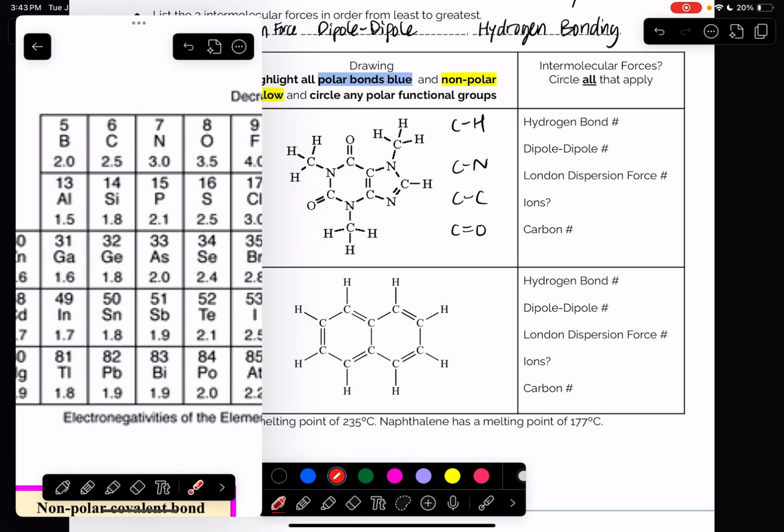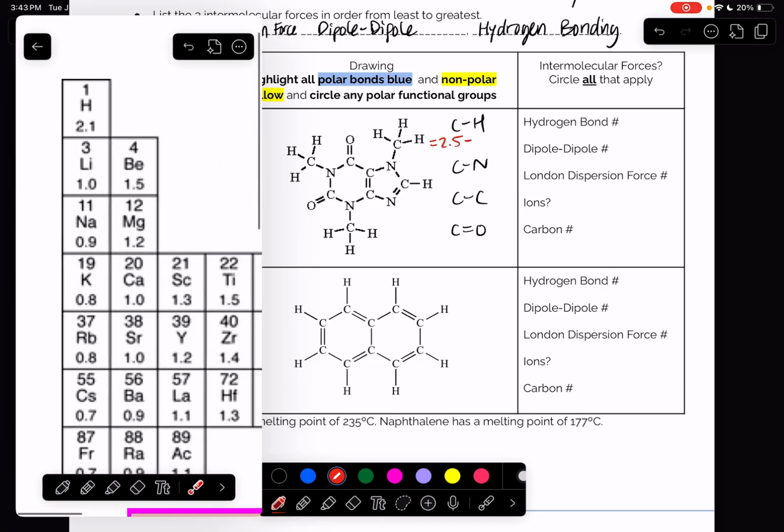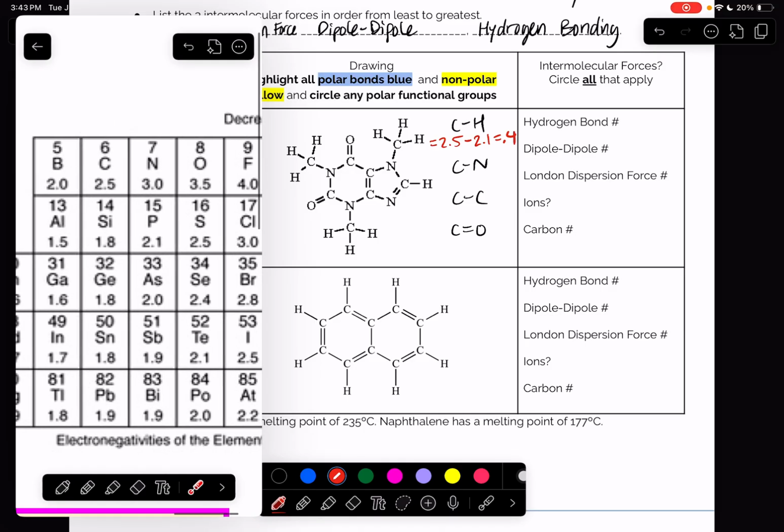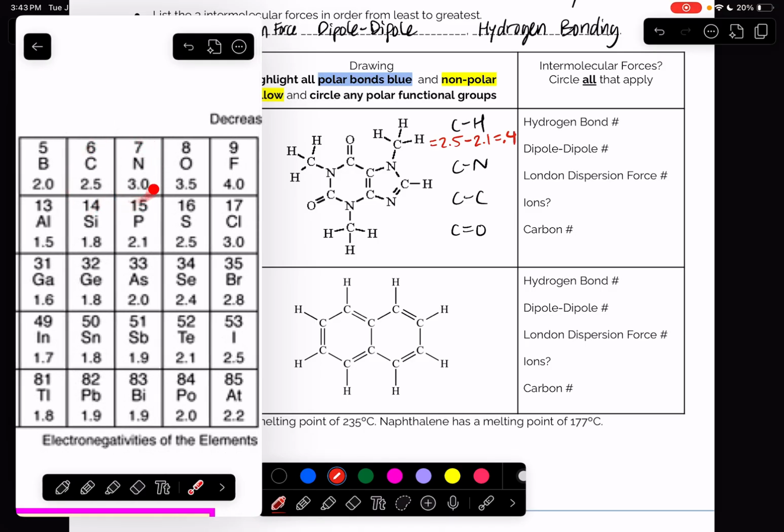We're always going to do bigger number minus smaller number. So carbon has an electronegativity of 2.5. I'm subtracting that from hydrogen, which has a value of 2.1. So this is going to be equal to 0.4. And then once again, I have carbon, but this time it's bonded with nitrogen. Nitrogen has an electronegativity value of 3.